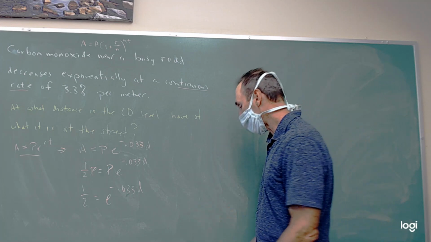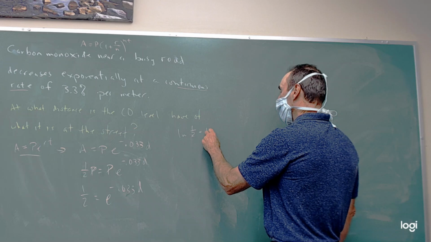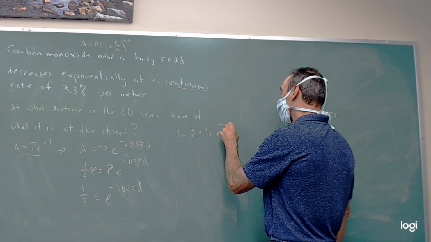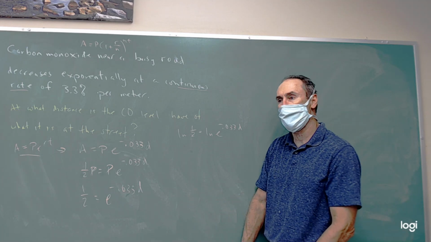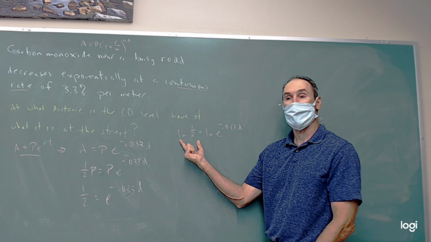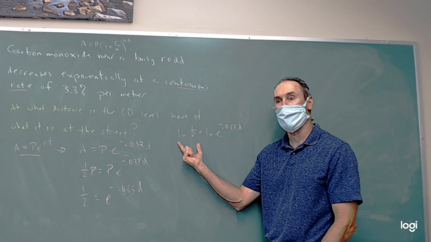Natural log both sides. Oh, now it gets fun. So we have natural log of a half equals natural log of e to the negative 0.033d. Now you don't have to, because we're going to go to the calculator shortly, but we just talked about these properties of logarithms. What a great opportunity to reinforce what we just learned.